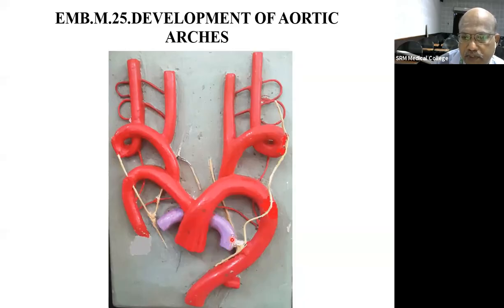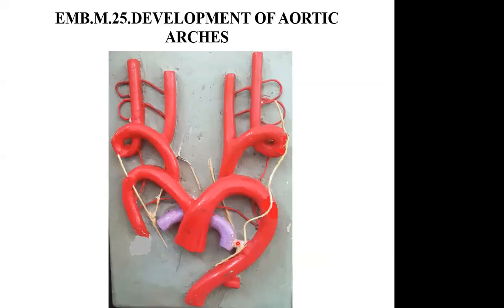We used to tell proximal and distal, or ventral and dorsal also. This ventral part on either side forms your pulmonary arteries. We have a difference in the dorsal part. On the right side it disappears. On the left side it persists to form the ductus arteriosus.